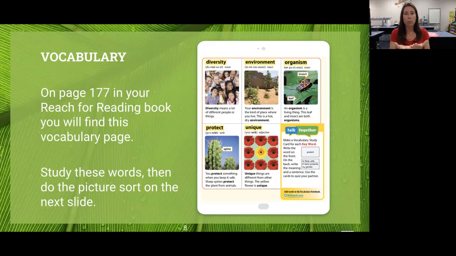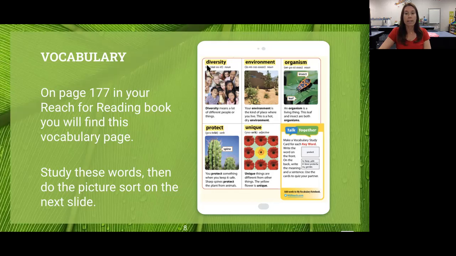So hopefully your book's open and you're going to follow along with me as I read each vocabulary word, the definition, and an example. Okay, so the first one here, I'm starting with the one on the top left-hand side.